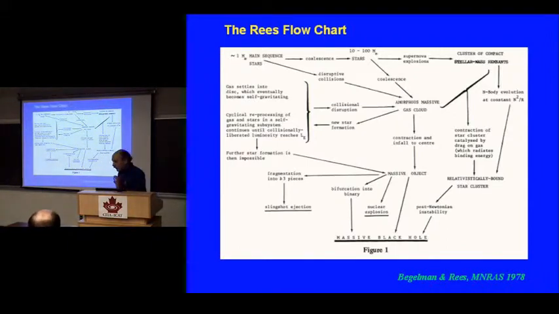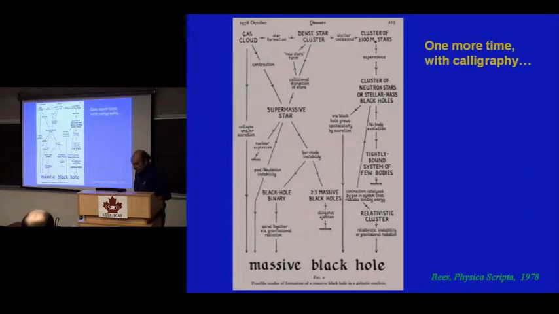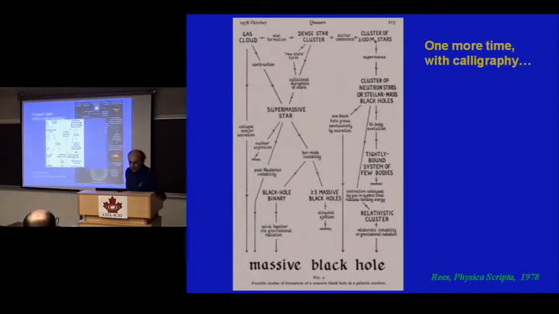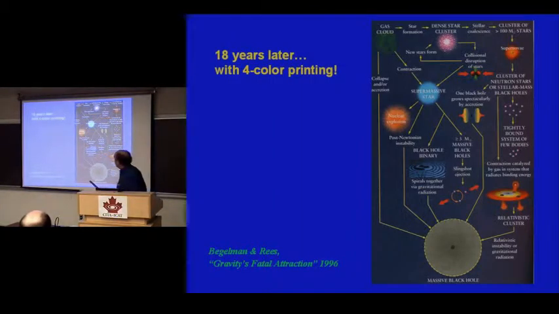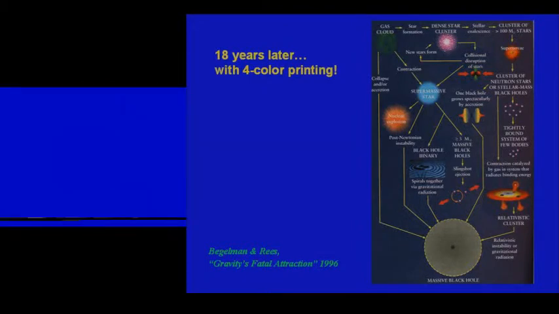People are still studying essentially every single one of these possibilities in the flow chart, and no definitive conclusions have been reached. That same year, this chart reappeared in the literature with very nice calligraphy. 18 years later, with the discovery of cheap four-color printing, the chart appeared in the book that Martin and I published in 1996, Gravity's Fatal Attraction.